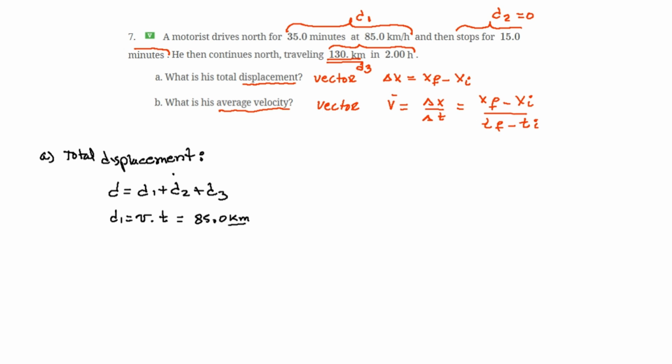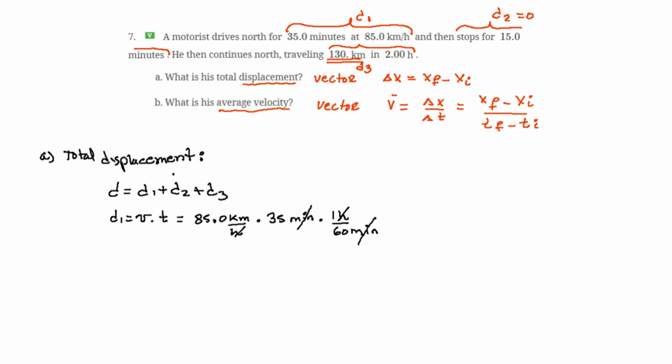and the time is 35 minutes, but I cannot work with minutes and hours. So in this case I need to convert those minutes to hours. So I will multiply times 35 minutes times 1 hour every 60 minutes. And like that, I can cancel out the minutes, I can cancel these hours with hours, and I will get my displacement in kilometers.